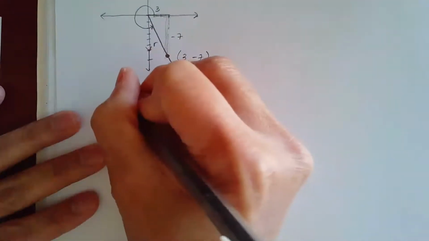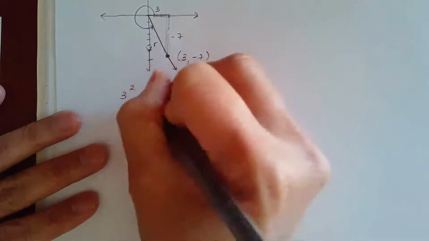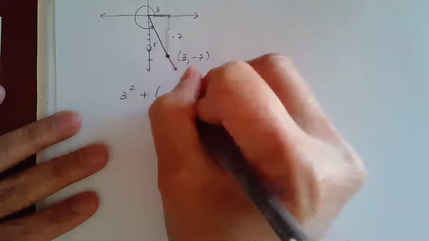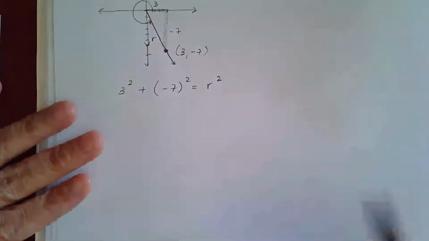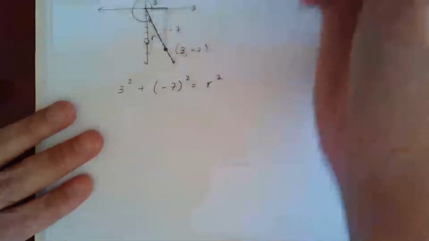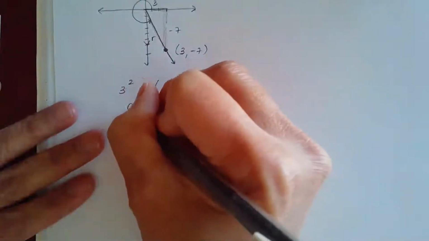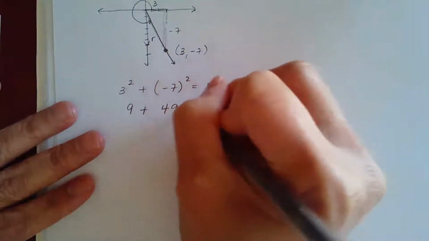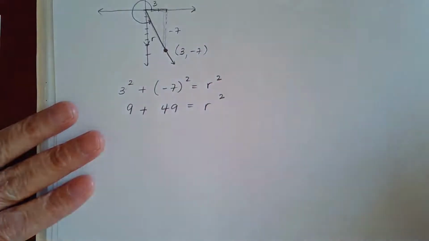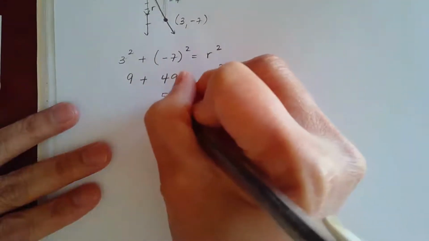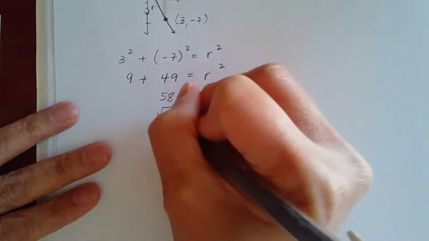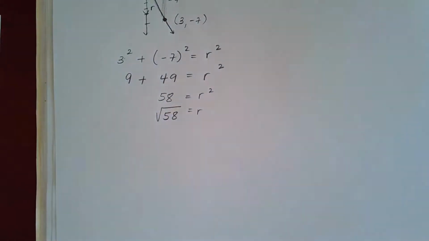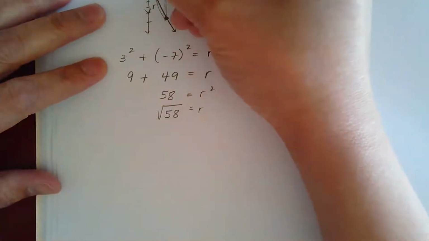So r squared equals 3 squared plus negative 7 squared. We're looking for the radius. That's going to give us 9 plus 49 equals r squared, so 58 equals r squared. That means r is the square root of 58.